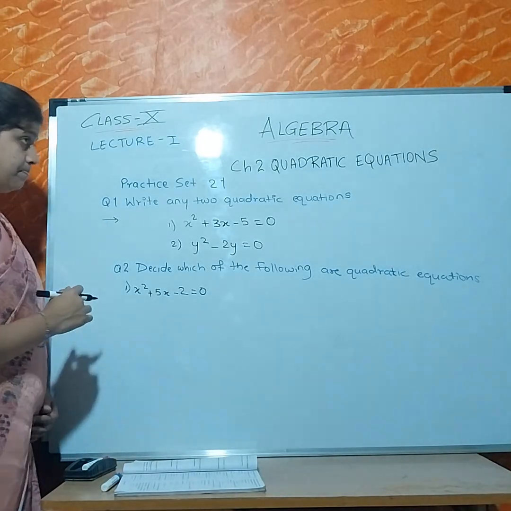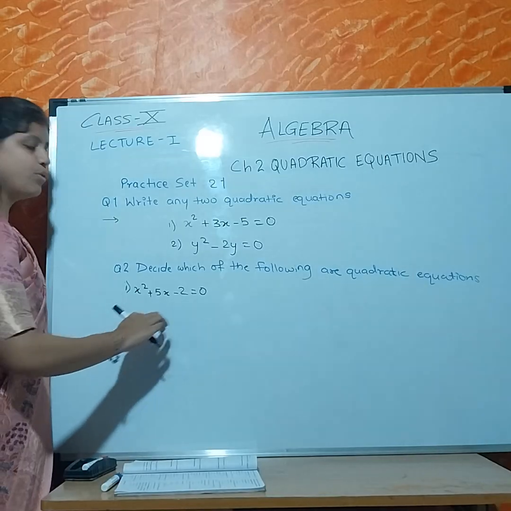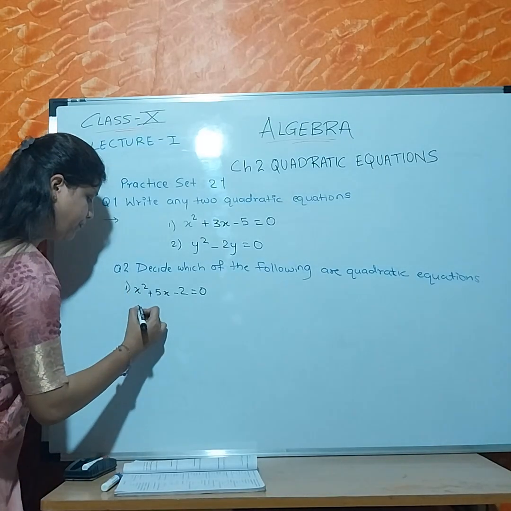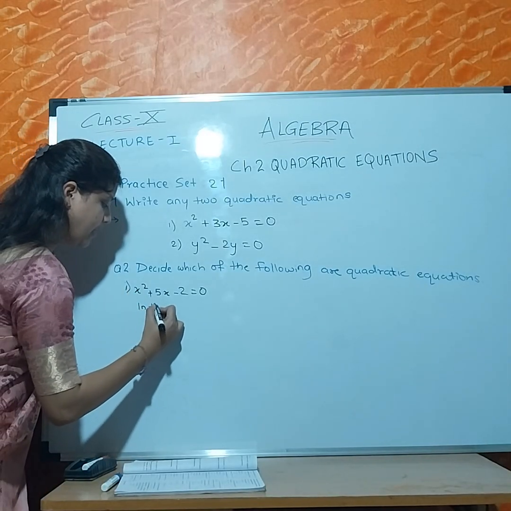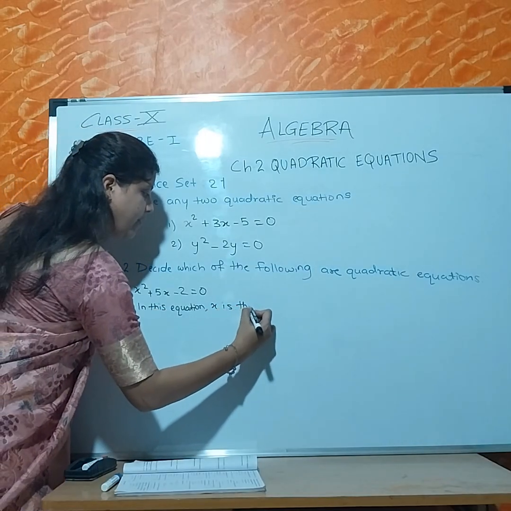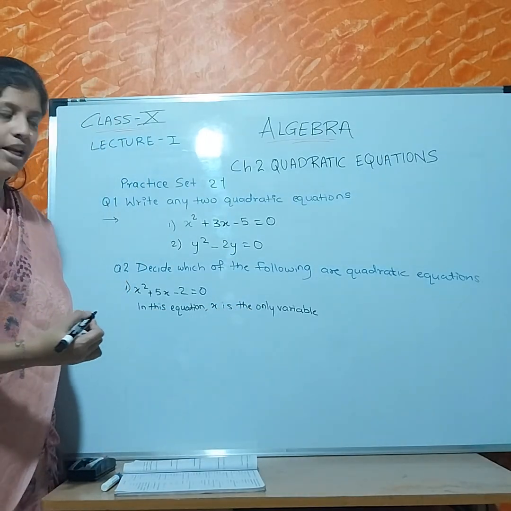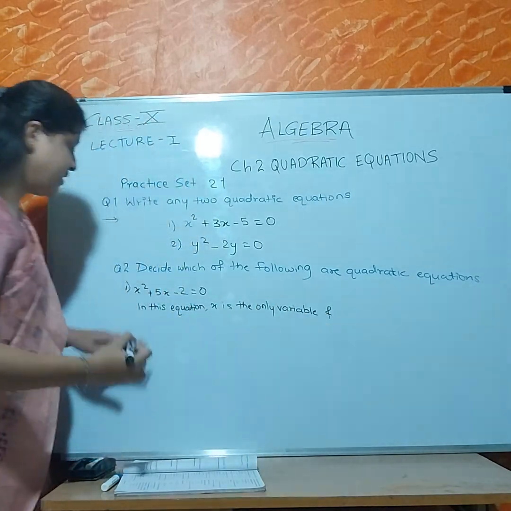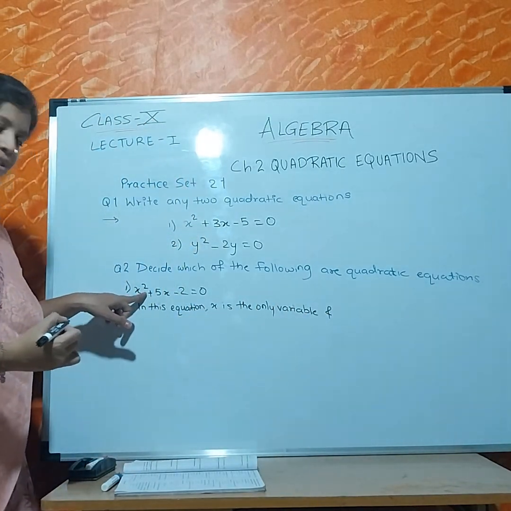So first is x square plus 5x minus 2 is equal to 0. Here in this equation x is the only variable. X is the only variable. And what is degree here? Degree of x is 2.